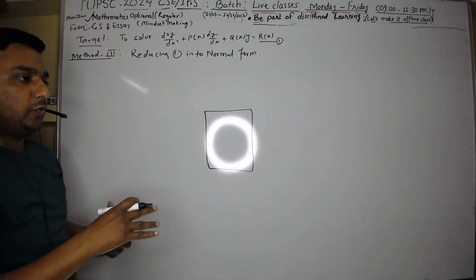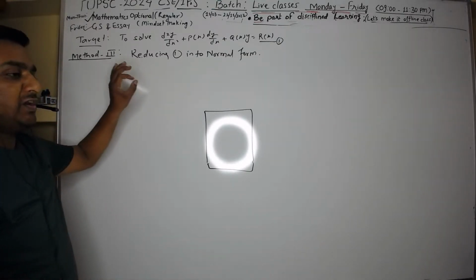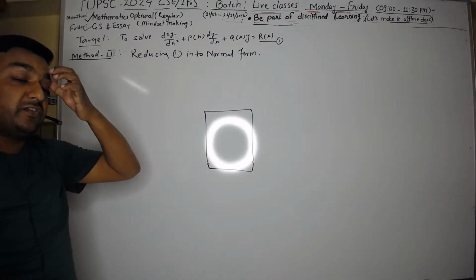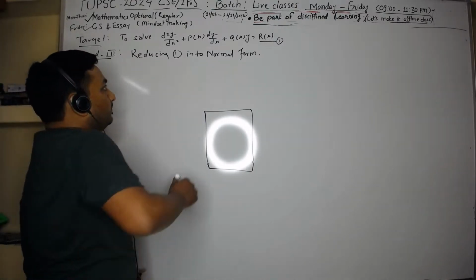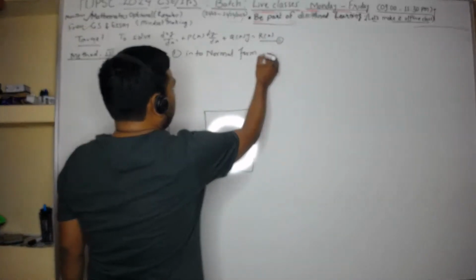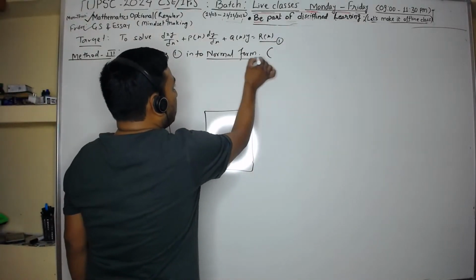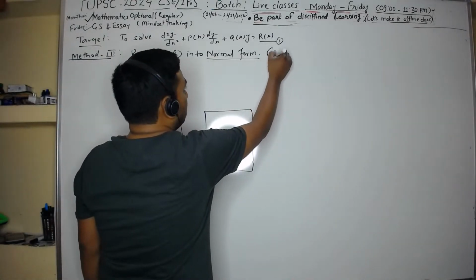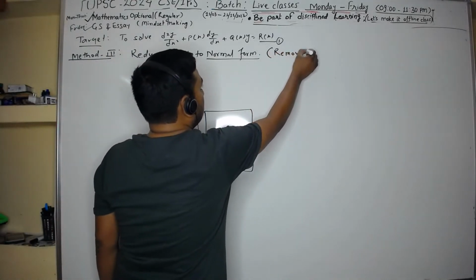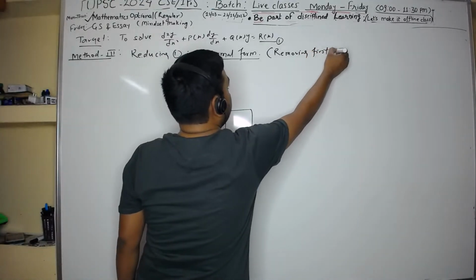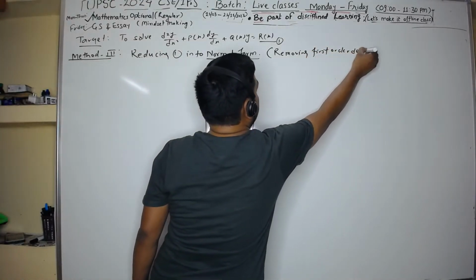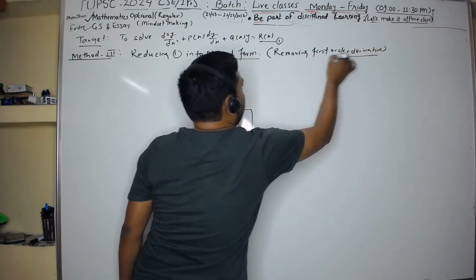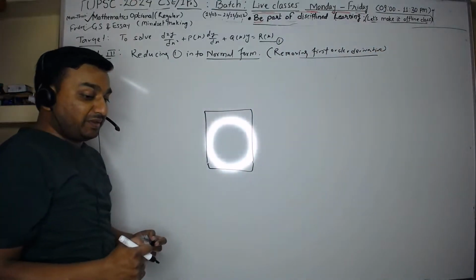So you cannot think that I can study only one method and can solve any differential equation. It won't work. So reducing into normal form, what does normal form mean? Means removing first order derivative. Please just remember this keyword.